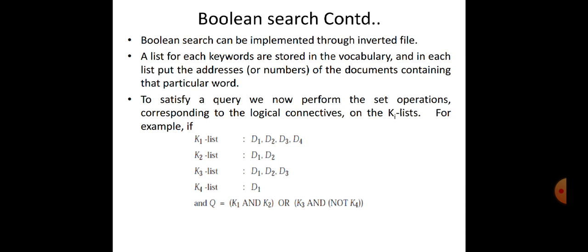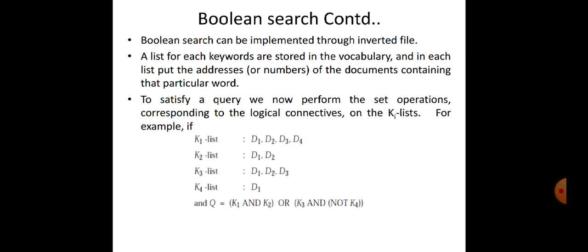It contains a list of keywords stored in the vocabulary, and in each list we put the addresses of the documents containing that particular word. So the inverted file has all the keywords present inside all the documents, and against these keywords we have the references or addresses of the documents.